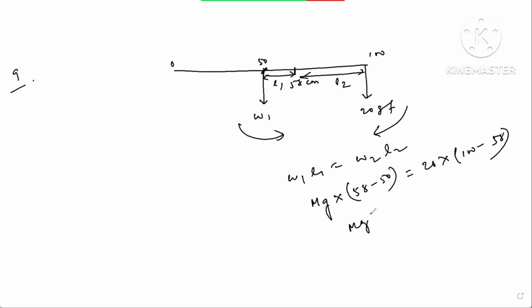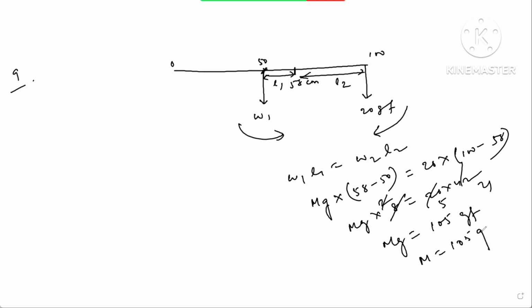So mg into 8 equals 20 into 42. So what will be the value of mg? 4 2s are 8, 4 5s are 20, 21. So 105 gram force. So what will be the mass? If the weight is 105 gram force, the mass will be 105 gram.